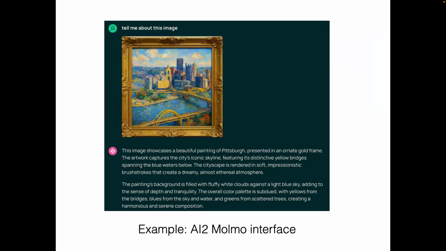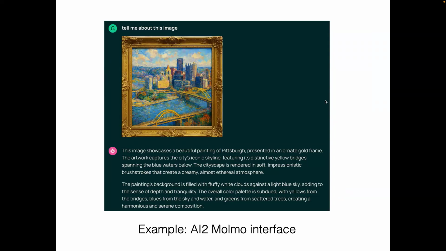So some examples of this. I think I got these examples when I put together the slides from last semester, so they might be slightly outdated with how fast things move. But here's an example of this model called AI2 Molmo. One reason that it's in here is that in this lecture, we'll talk about exactly what's going on in this model. And you can download it and use it yourself.